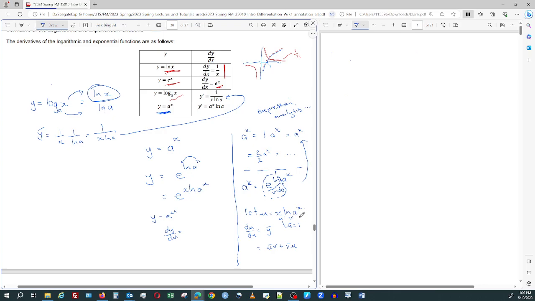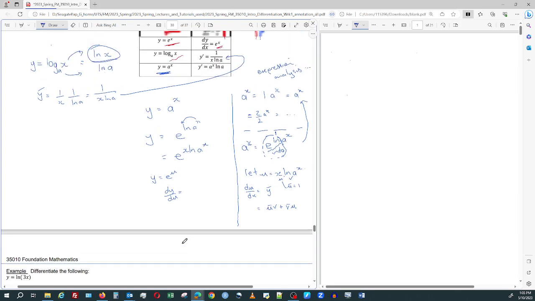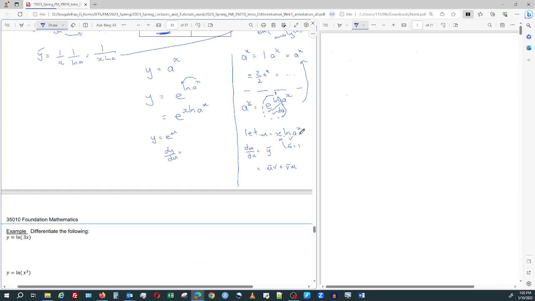And what about v dash? What about the ln of ax? So the ln of ax, v dash, is going to require us to do a bit of extra work, isn't it? I want to keep it on the page. So v dash will be dv dx, and we can let m equal, because we're going to use the chain rule.